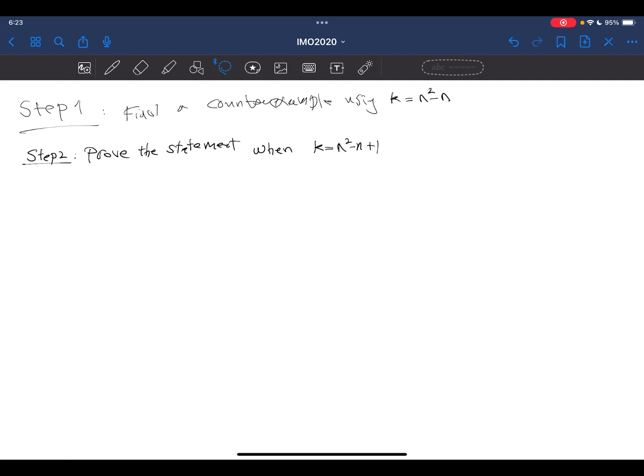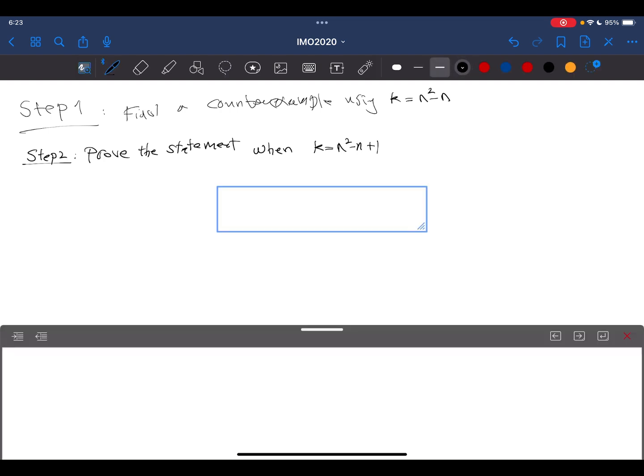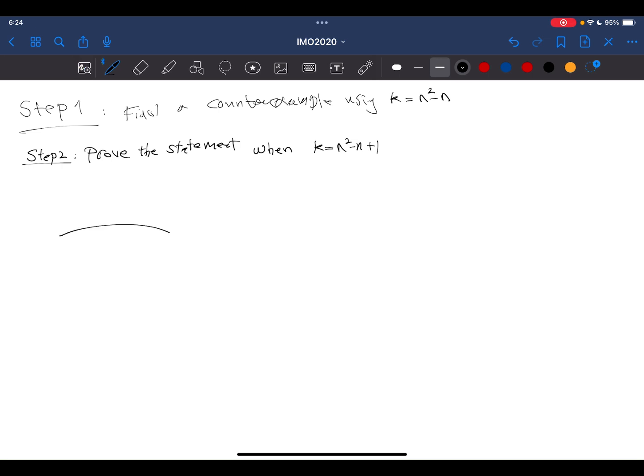The first step, the idea of it, is as follows. How can I actually make a counterexample? How can I actually configure these cable cars in such a way that no two checkpoints are connected using A links and B links simultaneously, right? So the idea of it is as follows.